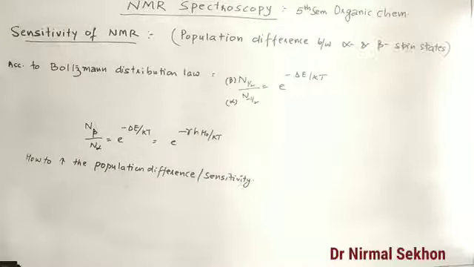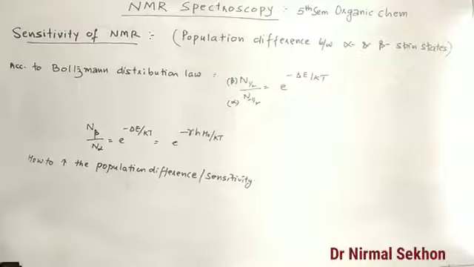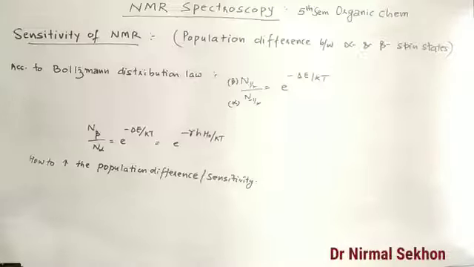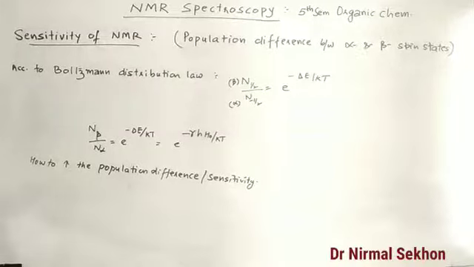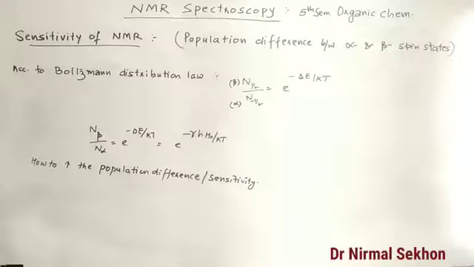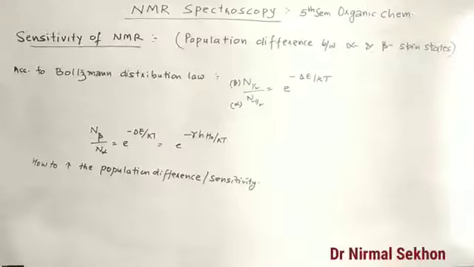According to the Boltzmann distribution law, at equilibrium conditions there is always more population in the ground state compared to the excited state. Under standard conditions you will always have more nuclei sitting in the ground state than in the excited state.